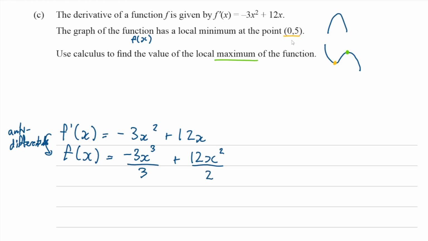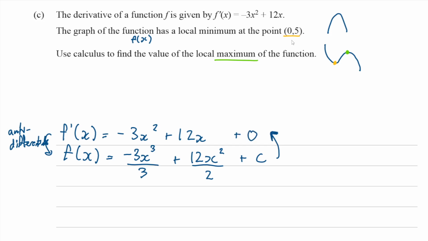So question for you, have we finished anti-differentiating? I'm hoping you're yelling no, because we have of course forgotten plus c, the integration constant. Why we have this is that if we differentiate, the derivative of a constant is 0.